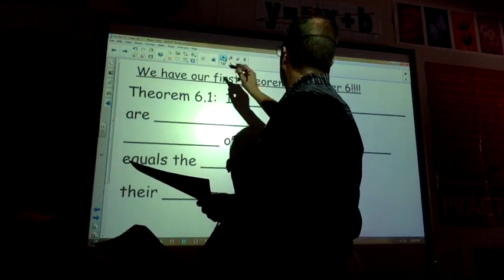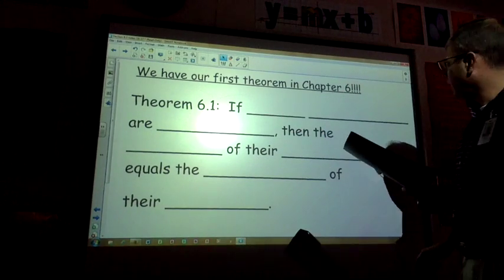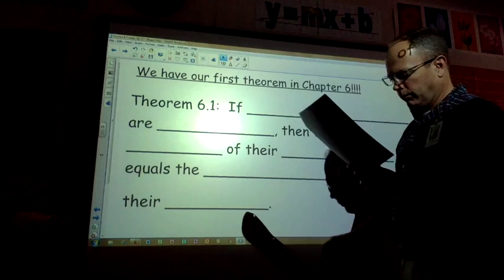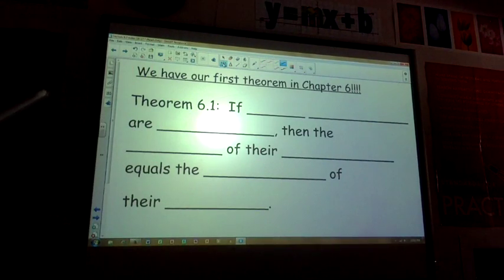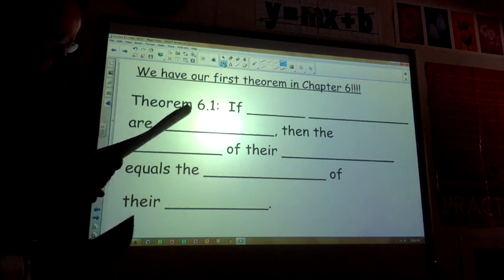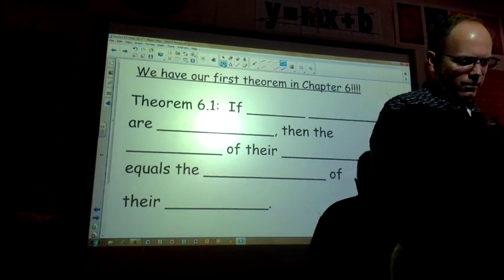Do we have stuff I can remove? Gotta write it. If blank blank are blank, then the blank other blank equals the blank other blank. If two angles are the same, then all the angles.